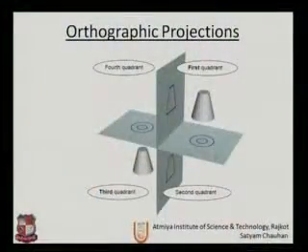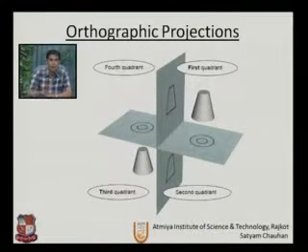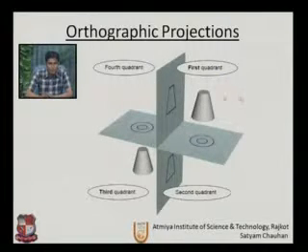If we move through the first quadrant, second quadrant, third quadrant and fourth quadrant, as we can see in the drawing, and we draw the projection of this cone, this will be our horizontal plane and this will be our vertical plane. If we see from this side, the projection will be visible on the vertical plane.